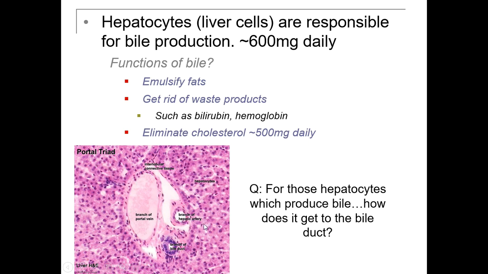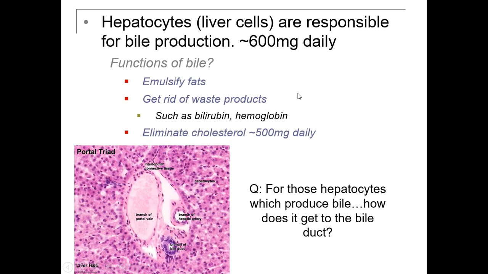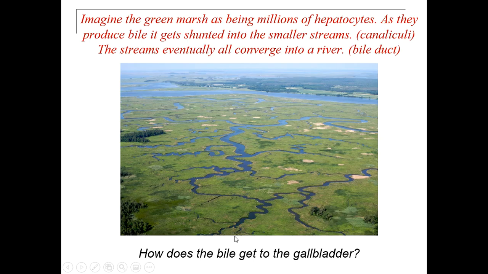So how is it bile can get down into the bile duct? Think of this tributary. There's the river out and through here. Let's imagine that the river is the bile duct. All the bile has to get into the bile duct, just the same way that all of these little tributaries of water have to feed into this large river. Let's imagine the green here are hepatocytes.